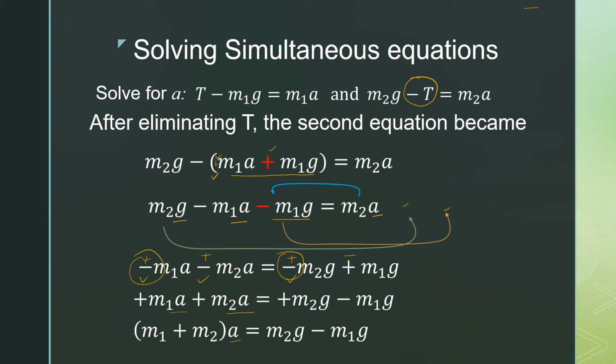A was factored. Since A is here, I can factor it out. If I were to open the parentheses, this A is going to go there, A is going to go there, so I haven't changed the balance of this equation. On the right hand side, I haven't done anything. There was a positive sign here, I simply did not write it. Remember, we don't have to write a positive sign.